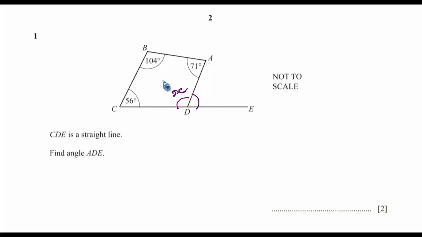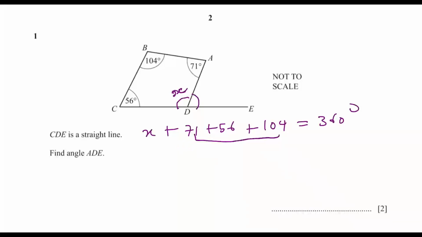We know that sum of angles in any quadrilateral is 360 degrees. So we can say X, add 71, add 56, add 104 to be equals to 360 degrees. These three angles add up to 231.